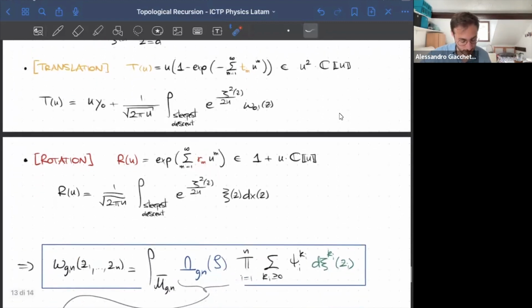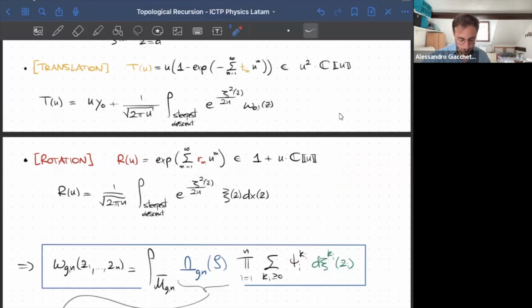And the result of this theorem is that the omega g,n that you compute out of topological recursion from this spectral curve, they are equal to some integrals over the moduli space of curves of a certain homology class omega that depends on this data that I defined here, times psi classes, and I can keep track of the power of this psi class with this differential d psi i.